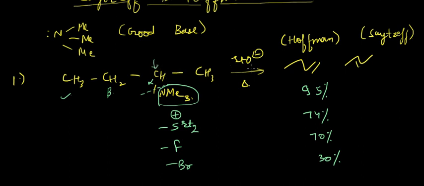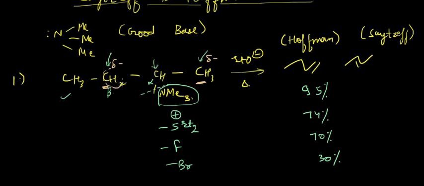Okay, so what happens if EtO minus extracts hydrogen from this position? Then this carbon atom would get a partial delta negative charge. And if it attacks this carbon atom, then this carbon atom would get a partial negative charge. Okay, so in this case we'd be seeing the stability of the carbanion formed in the intermediate or in the transition state. Hence the carbanion formed at this carbon position would be more stable than at this carbon position. Why?